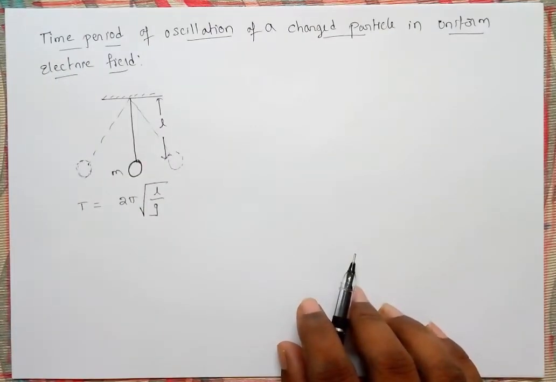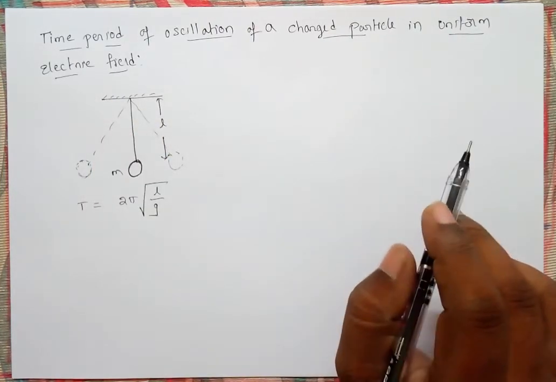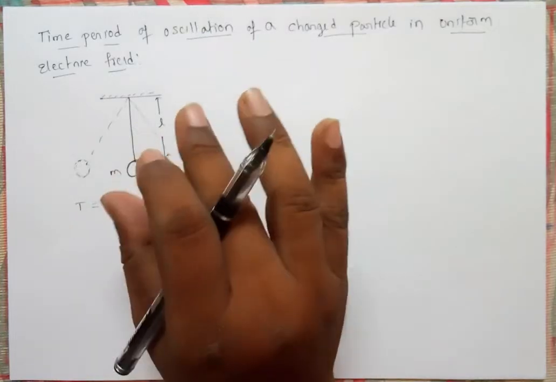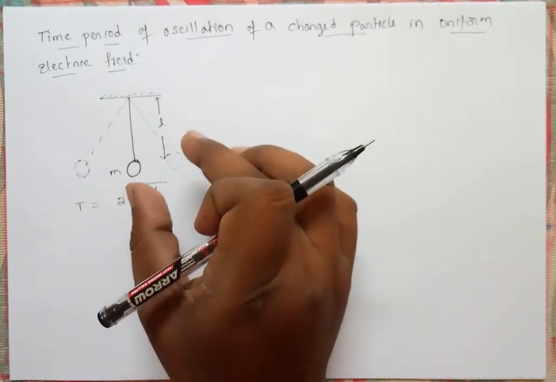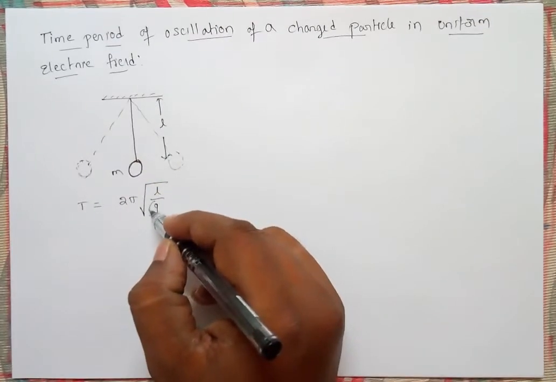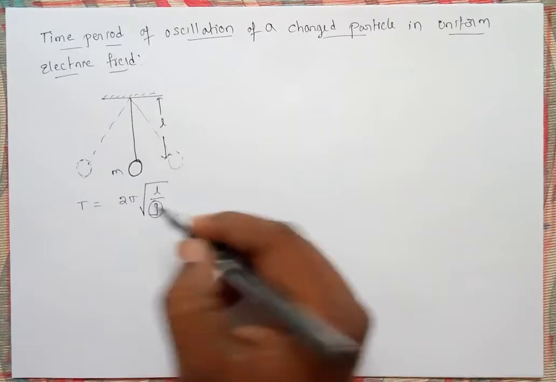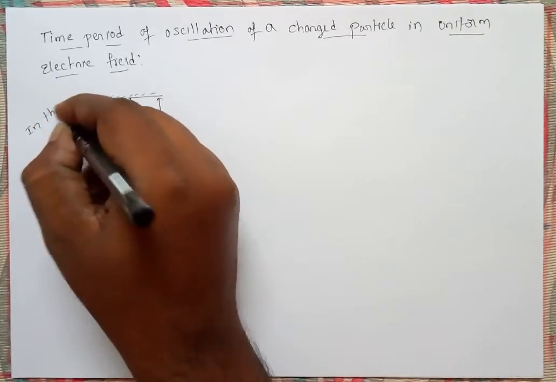So now this case belongs to a charged particle in a uniform electric field. If it is in the absence of electric field, it only has the gravitational field. Gravitational field means the net acceleration is g, which is why we took the denominator as g.